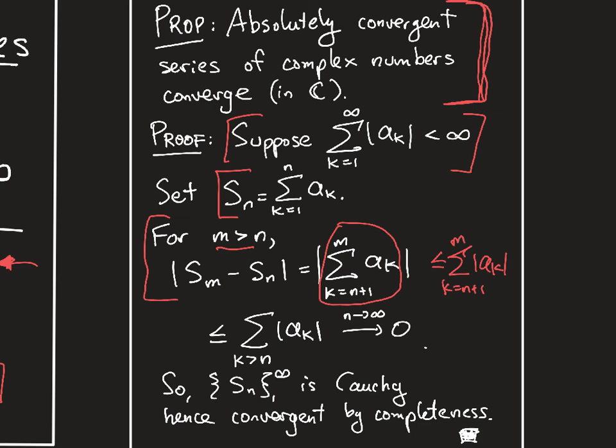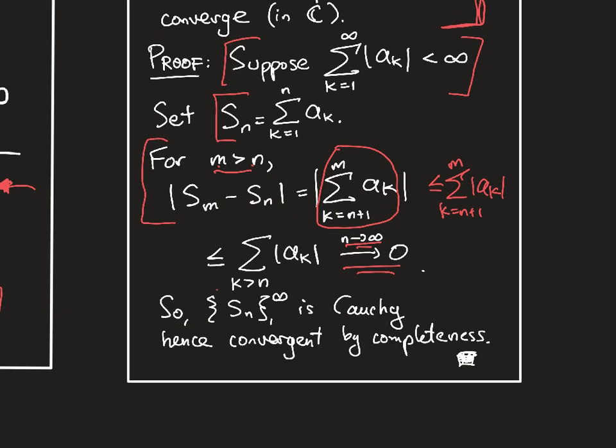And you can take this even further and send m to infinity in the sum. And this tends to 0 as n goes to infinity. So you can take your pairs m and n, always take n as the smaller one, and send n to infinity. And this proves that the sequence of partial sums is Cauchy and hence has to be convergent by the completeness of the real numbers.